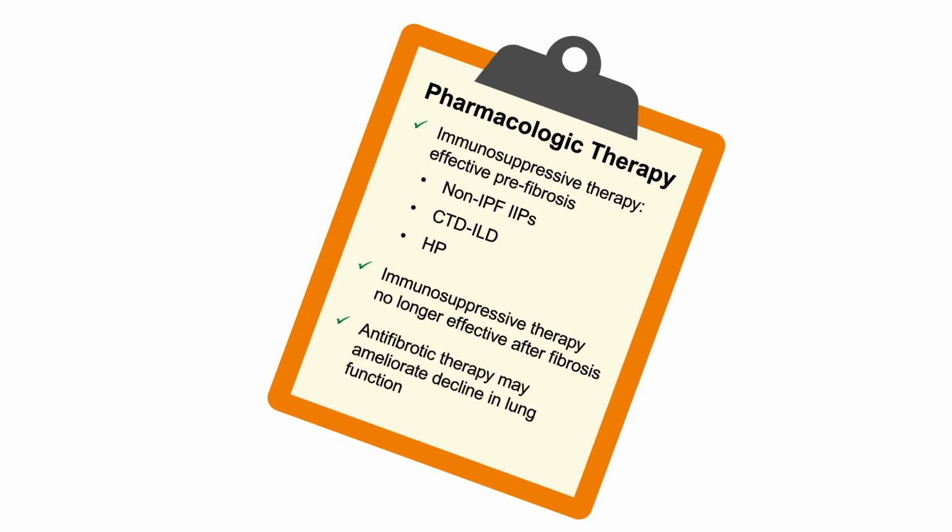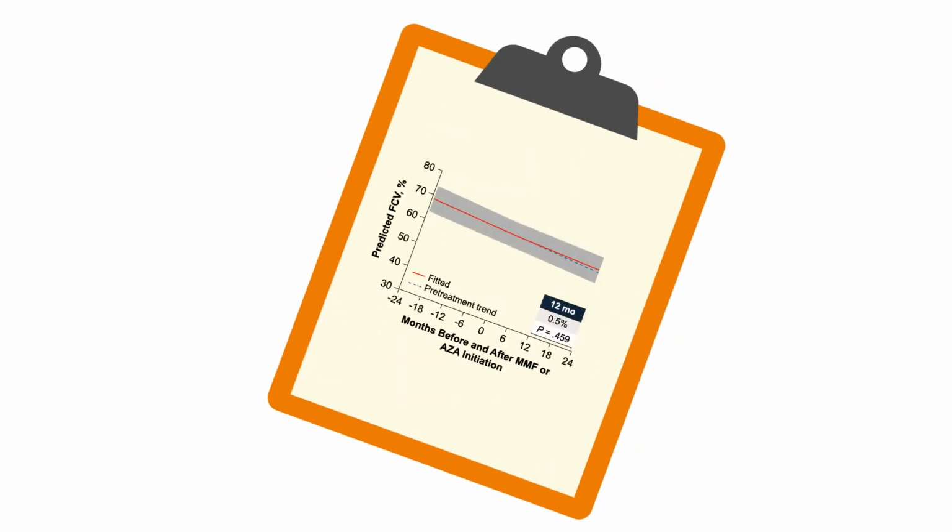Antifibrotic therapy, like pirfenidone, which was granted breakthrough therapy designation, and nintedanib, which is now approved, may ameliorate the decline in lung function in non-IPF fibrosing ILDs. I use it and I see this, right? When you see a UIP pattern, they especially work. So when you look at immunosuppressive therapy, what medicines do we use to immunomodulate patients that have this cellular infiltrate of their interstitial lung disease that's not quite fibrotic?